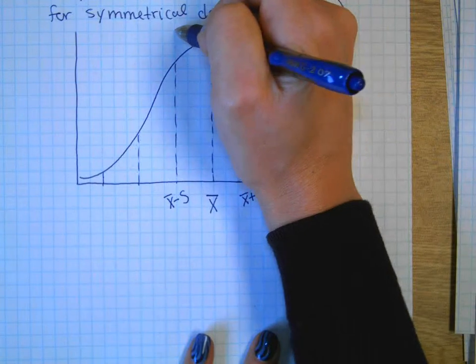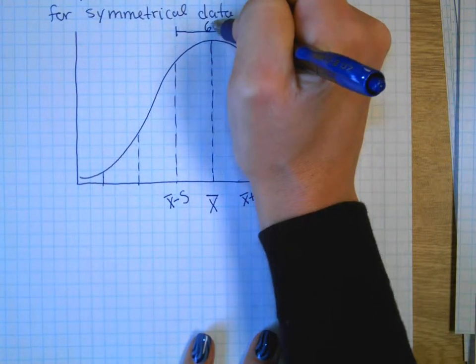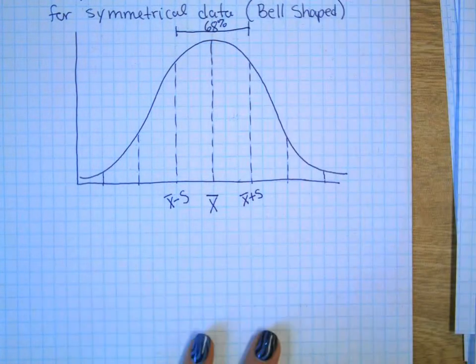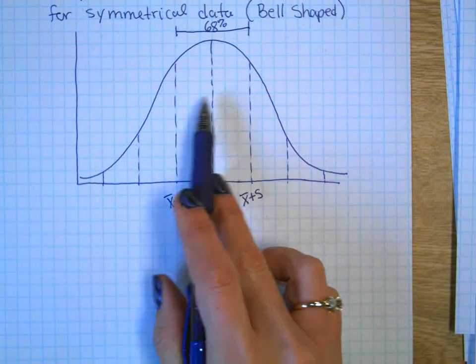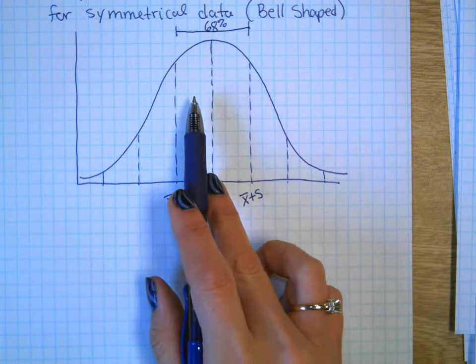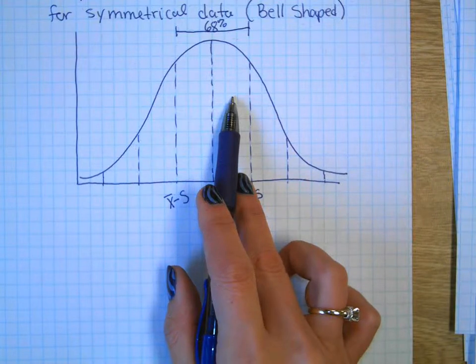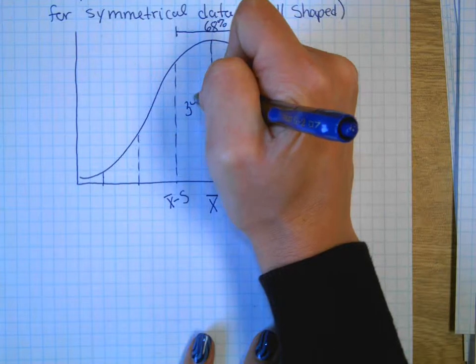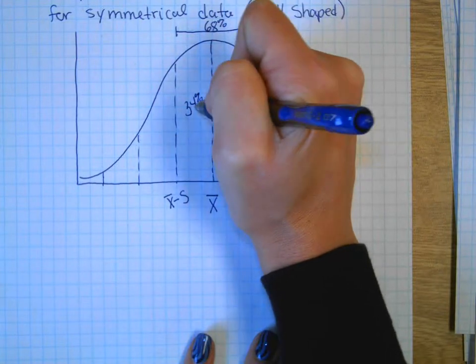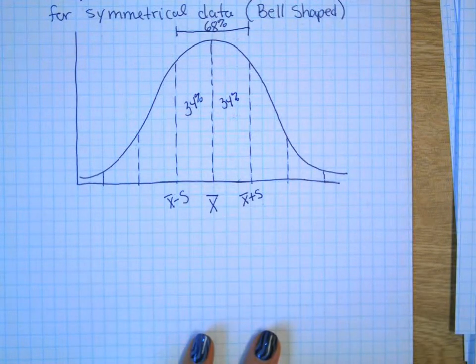So in between these 2 marks, these 2 big chunks, will contain 68% of your data. If we had 100 pieces of data, just to keep it simple, 68 of them would fall within here. So what does that mean on each side here? Because it's symmetrical, 34% on each side. 34% of your data is 1 standard deviation below. 34% is 1 standard deviation above.